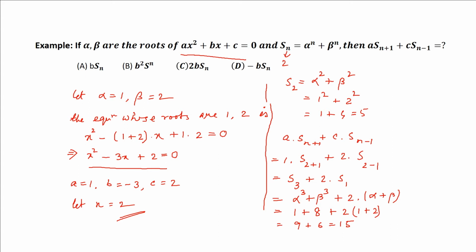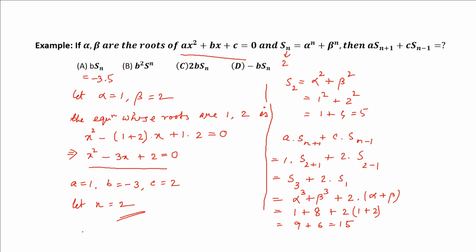So here there are 4 options. Under option A, we get b into Sn. What is the value of b? Minus 3. What is the value of S2? That means 5.